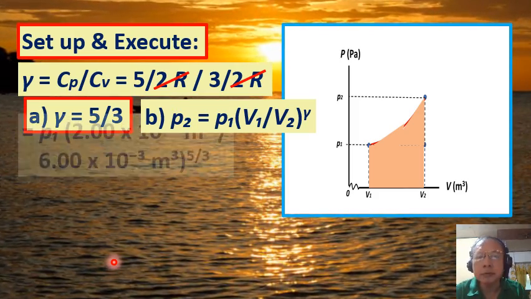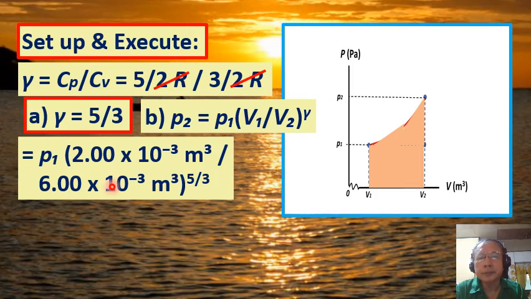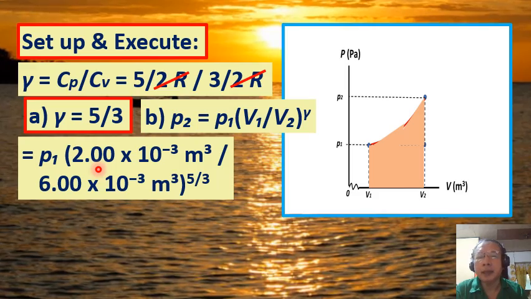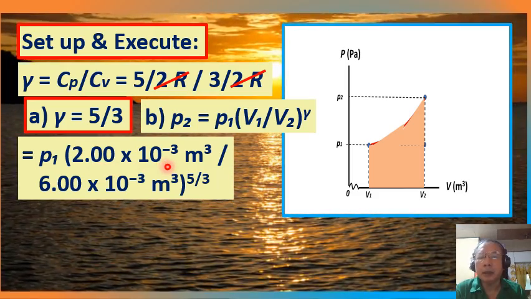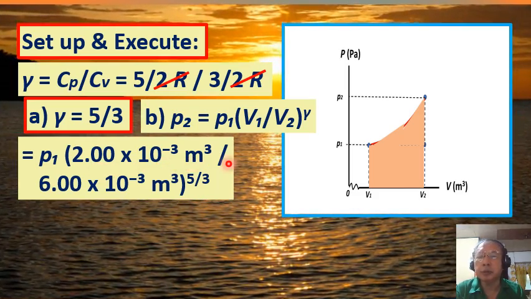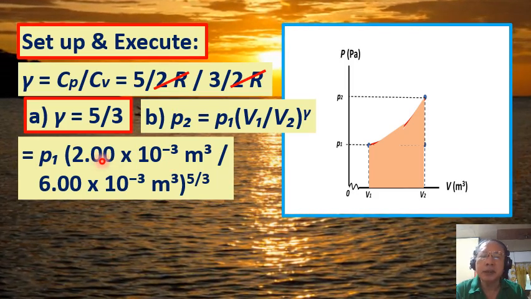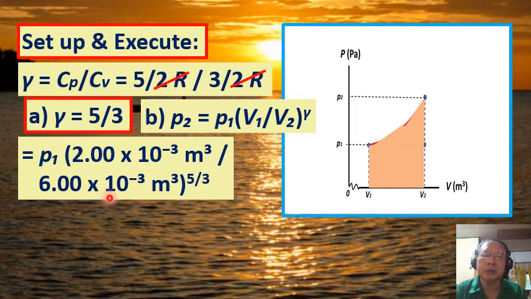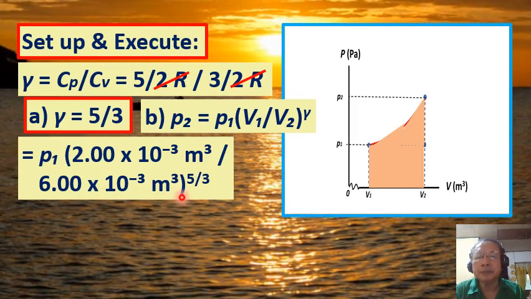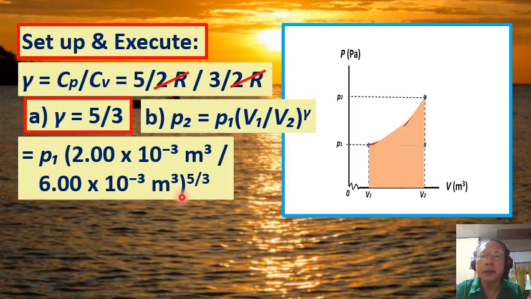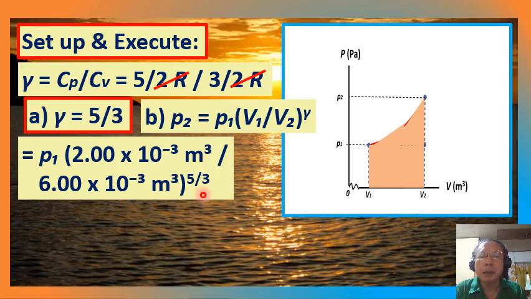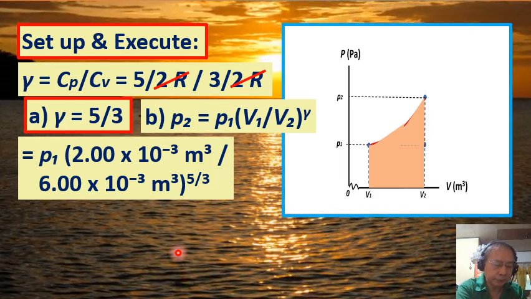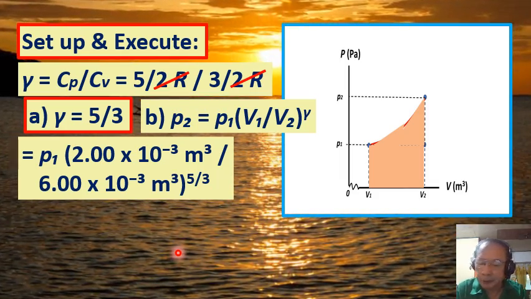So when we substitute, P2 is equal to P1 multiplied by V sub 1 over V sub 2 raised to the power gamma. That is quantity 2.00 times 10 to the negative 3 meter cube divided by 6.00 times 10 to the negative 3 meter cube and raised to the power gamma, which is 5/3.